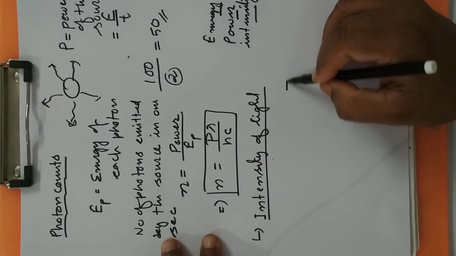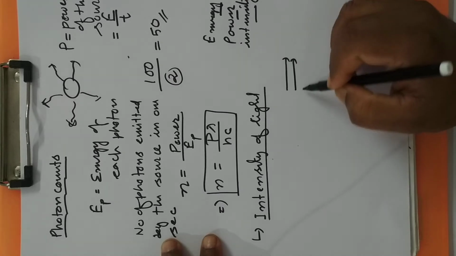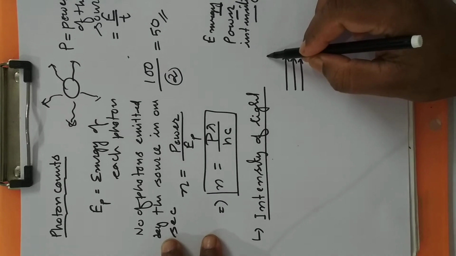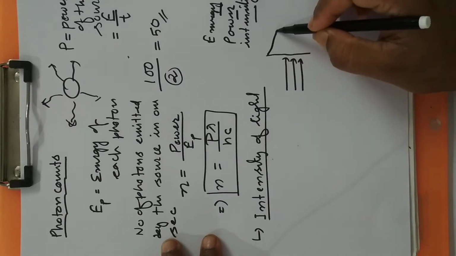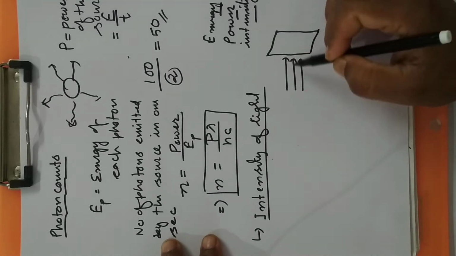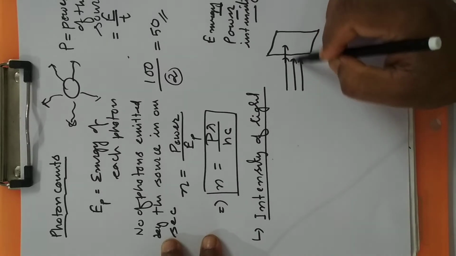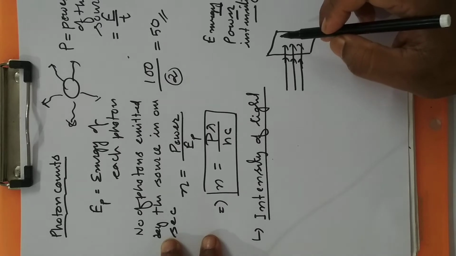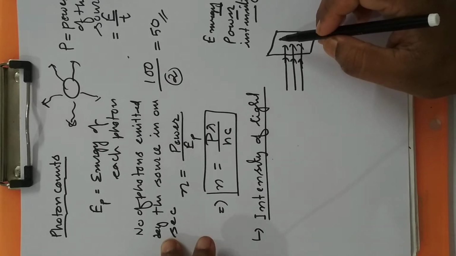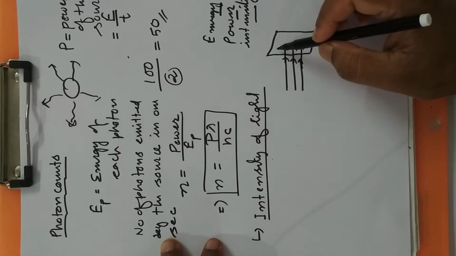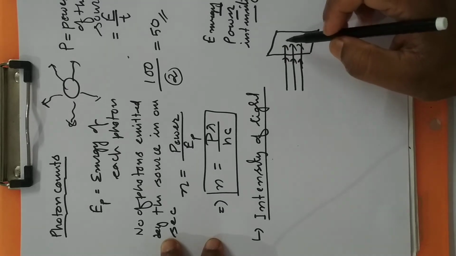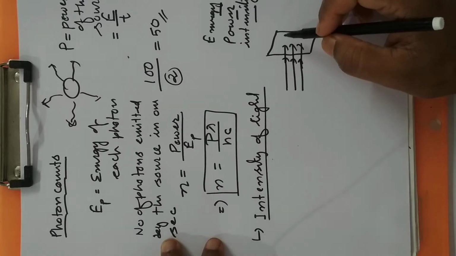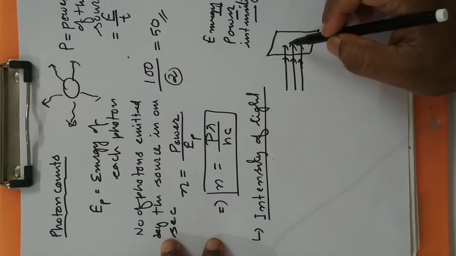For example, light is traveling in a particular direction, and here we have a surface. Through this particular surface, normally, every second, per unit area of this surface, how much light will be crossing, that will be called intensity.